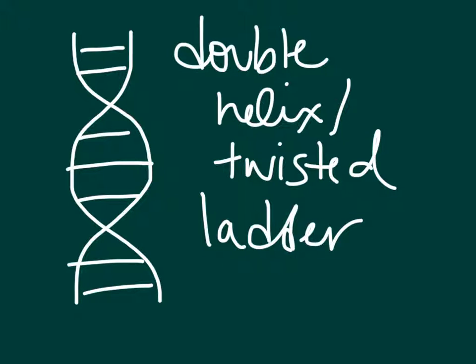Most often you've probably been told that DNA is shaped like a double helix or a twisted ladder. The rungs of the ladder, so the steps on the ladder, are made of things that we call nitrogen bases. You're probably most familiar with those nitrogen bases by calling them A, T, C, and G.